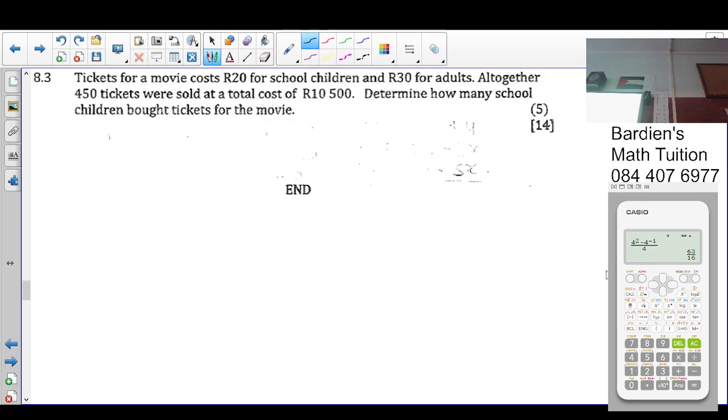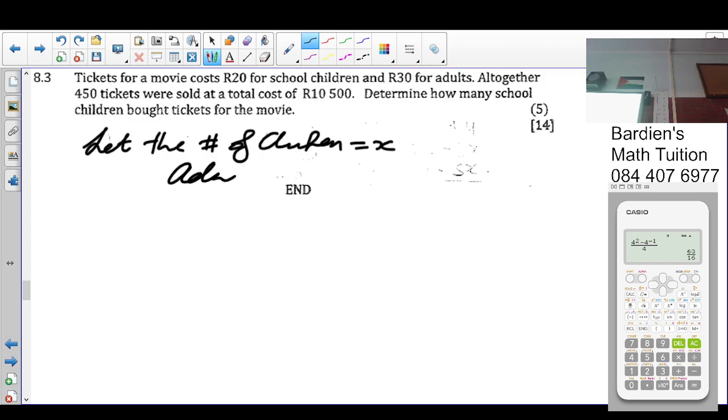So where do we start off? We say let the number of children who bought tickets equal x. So if the children bought x, the adults would be, how many tickets were sold in total? 450. It will be 450 minus x.